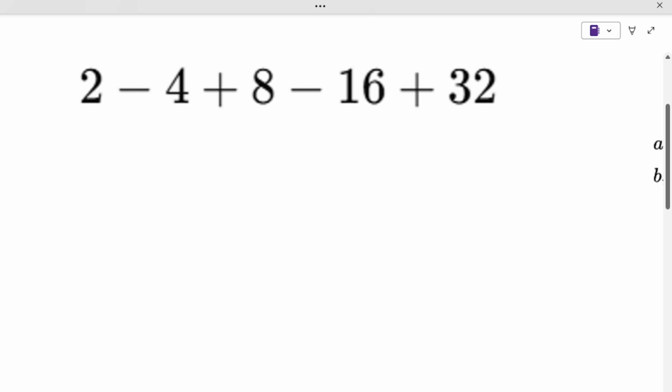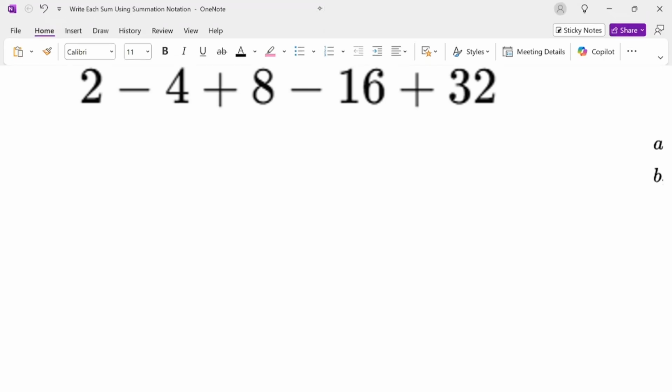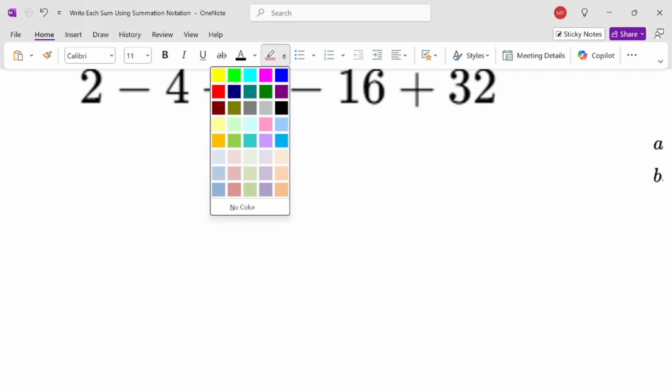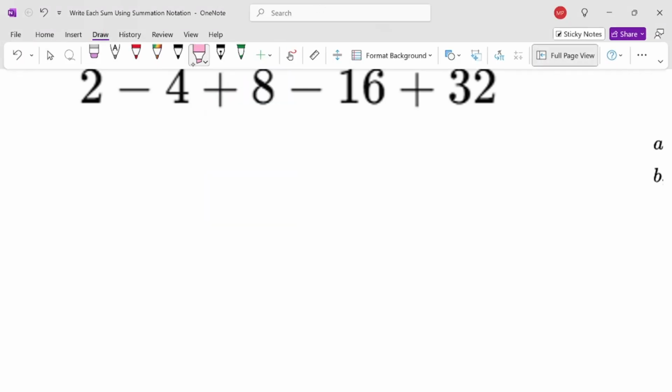The first thing that you may notice is that we have some alternating signs, and we call this an alternating sequence because we have a negative and a positive and a negative and a positive, kind of acting like a light switch. It can look really intimidating when you first look at this.